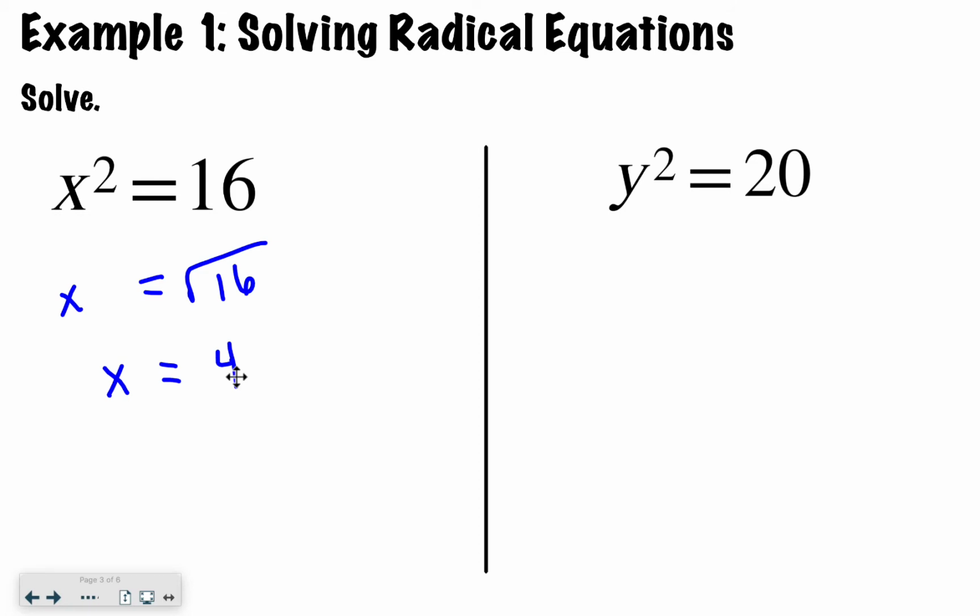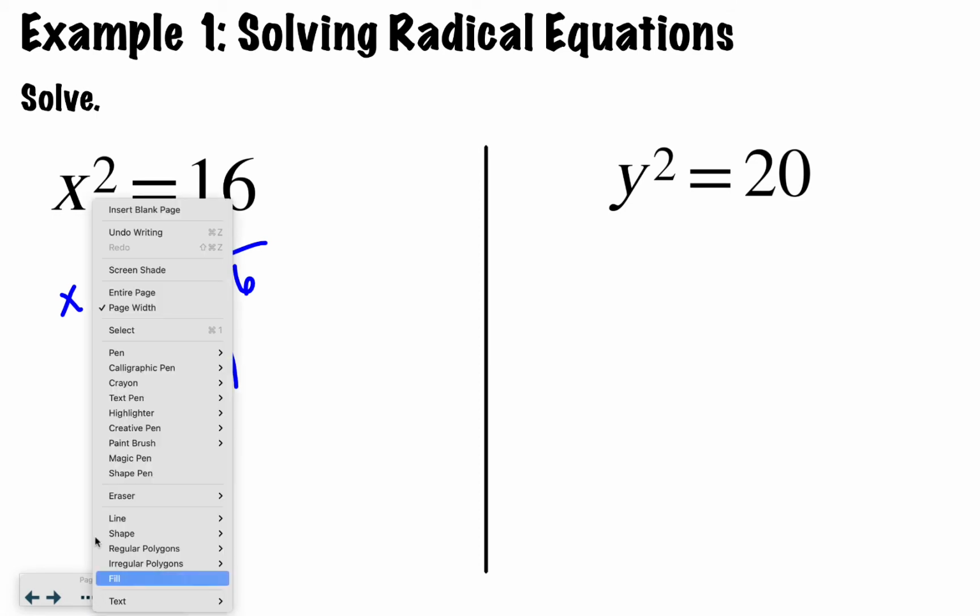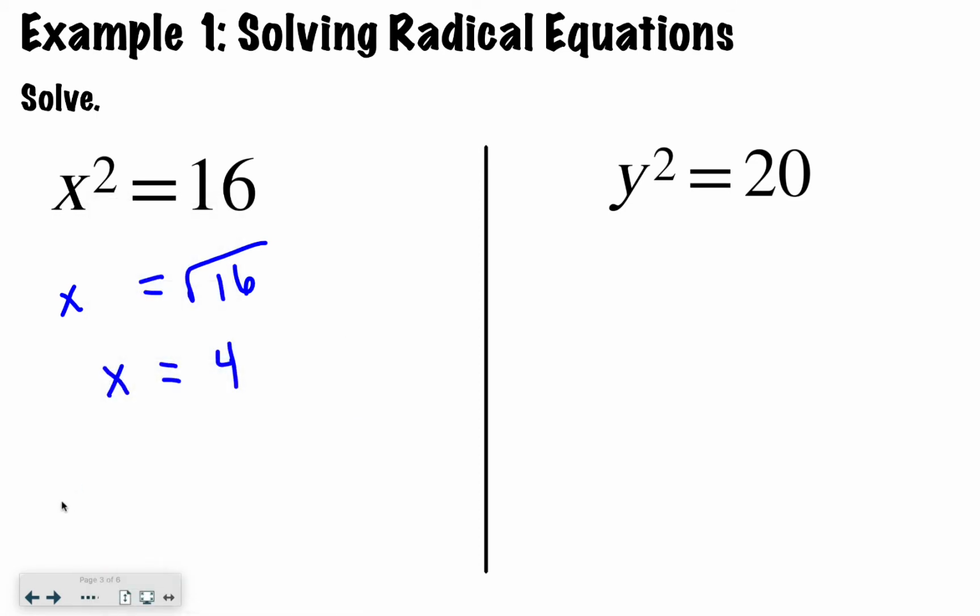There's one thing that we are missing when we do this. I want you to think about how if I were to take 4 and square it, I would get 16. But there's another number squared that would give me 16 as well. And that number is a negative 4.